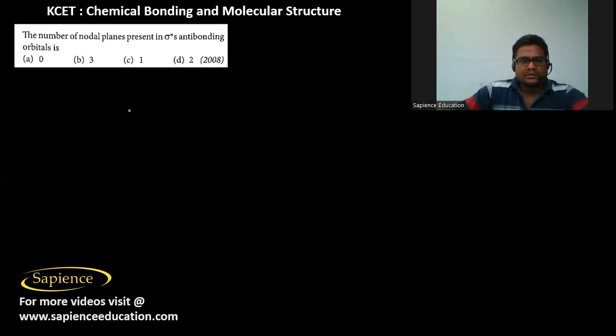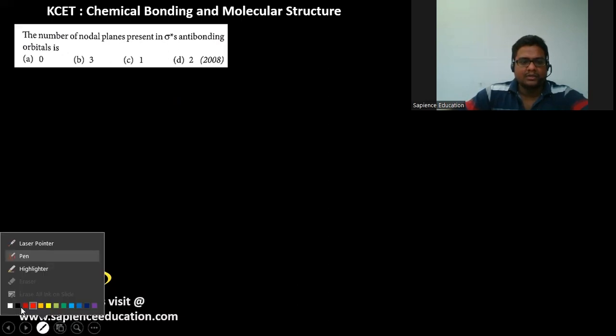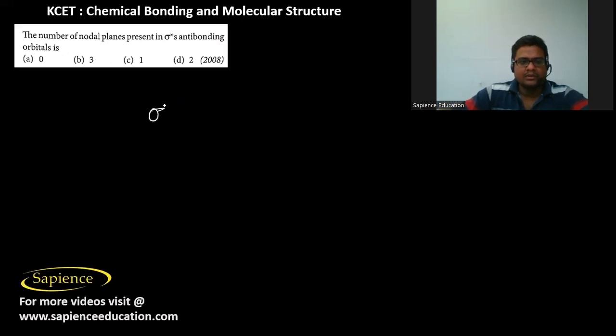So here it is asked: the number of nodal planes present in the sigma star antibonding molecular orbital, sigma star s. Okay. So nodal plane, what does it mean?